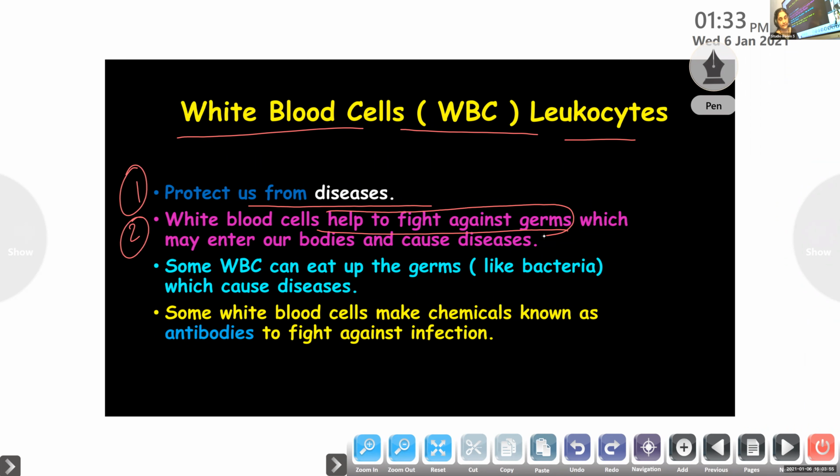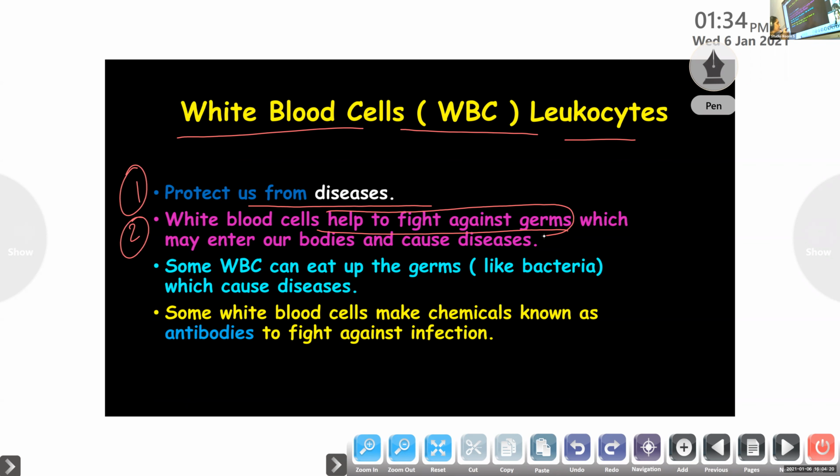Whenever a type of germ gets into our body, the WBC present in our blood attack those germs or bacteria. Some of them may eat up the germs, like bacteria.